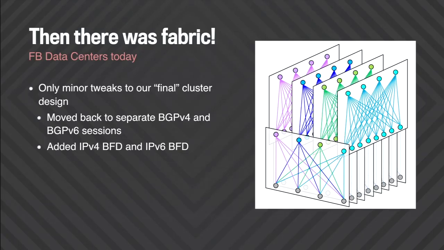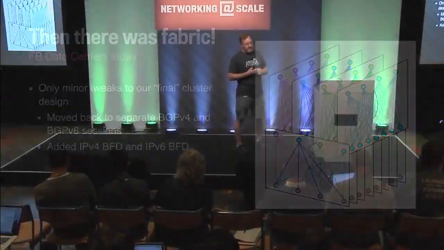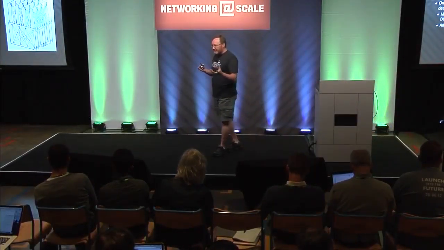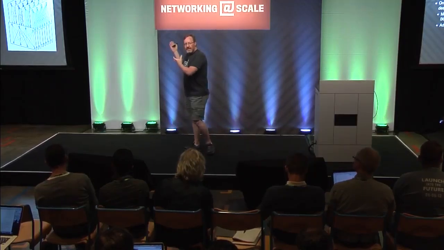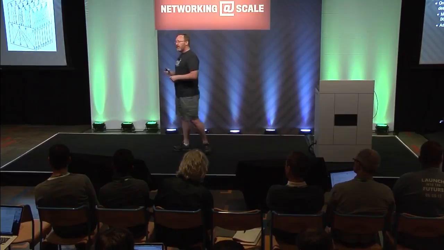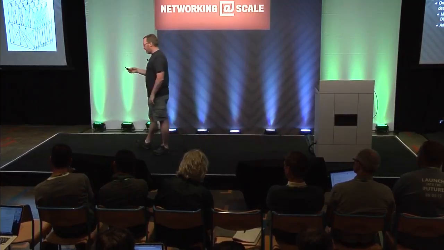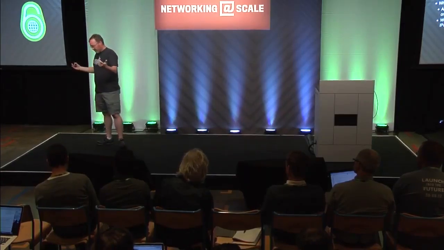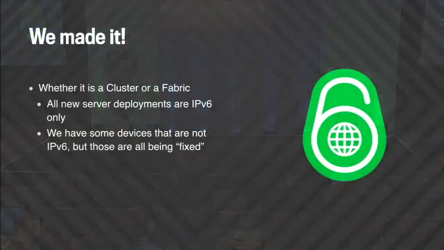The only other thing we really added was BFD for both v4 and v6. We'd done all the work. We had proven all the work on the cluster. When we moved to Fabric, we had goodness. So, with that being said, inside the data center, we have made it.